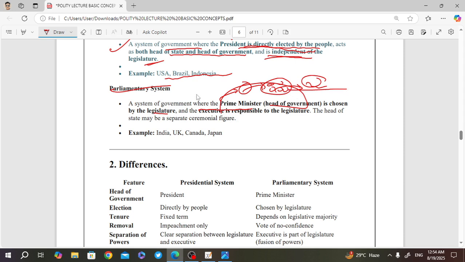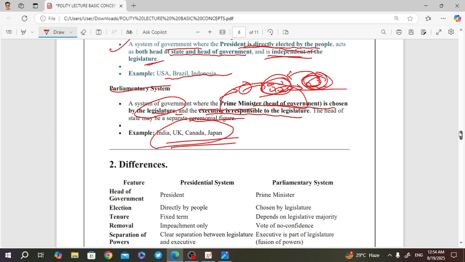So here the leader is chosen by the legislature, and the executive is responsible to the legislature. The head of the state may be separate and ceremonial. It is generally seen in India, UK, Canada, Japan, Indonesia.